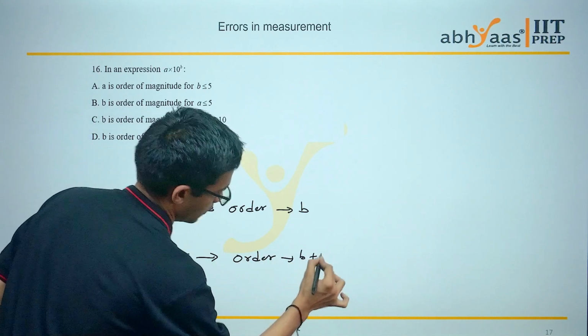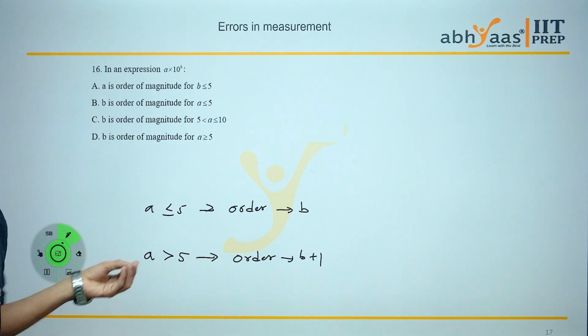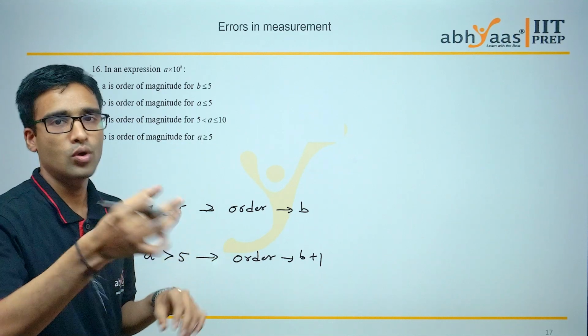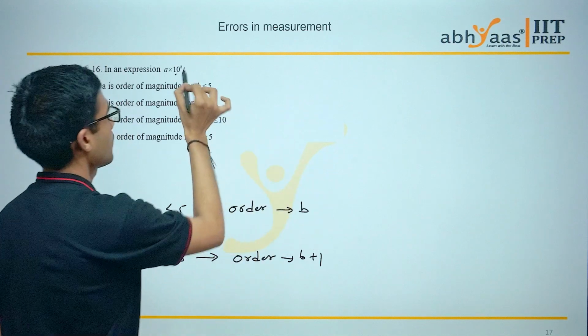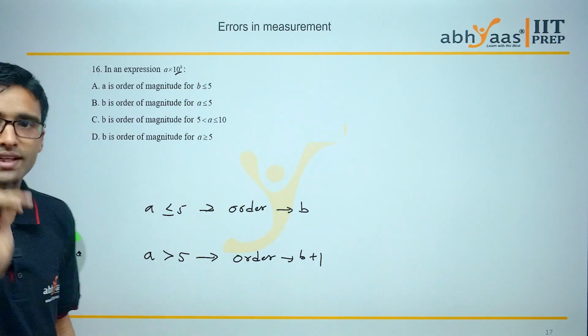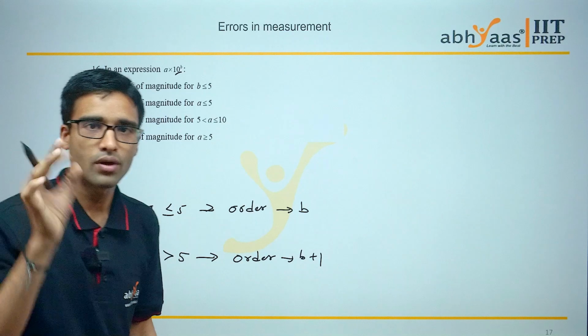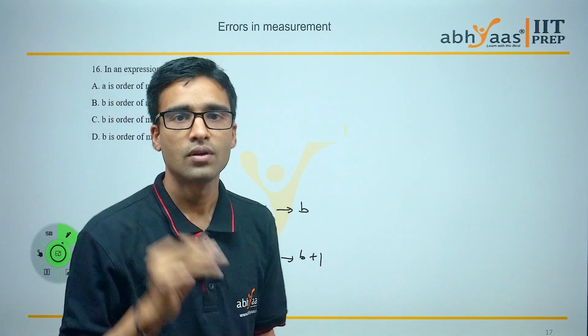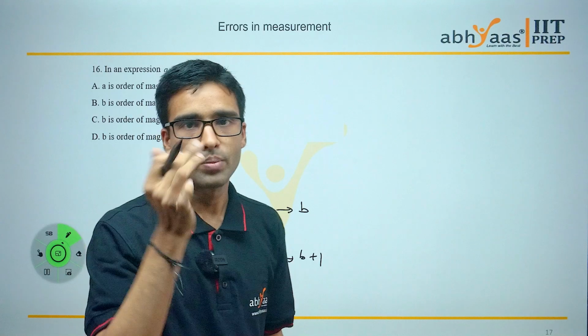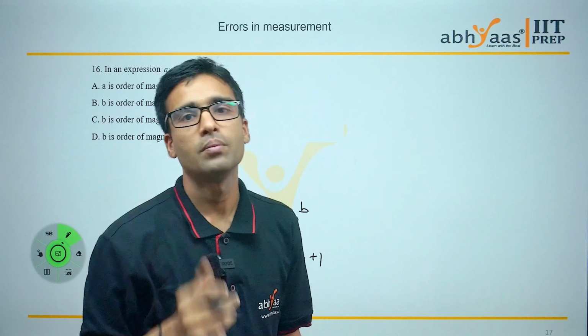Why? So simply you can understand, less than 5 means we cannot add one more number to this one, right? So here 10 power b is there. So if it is less than 5, we cannot increase the power of 10. So if it is greater than 5, you can increase, right? So the power of b, that means it will become b plus 1.